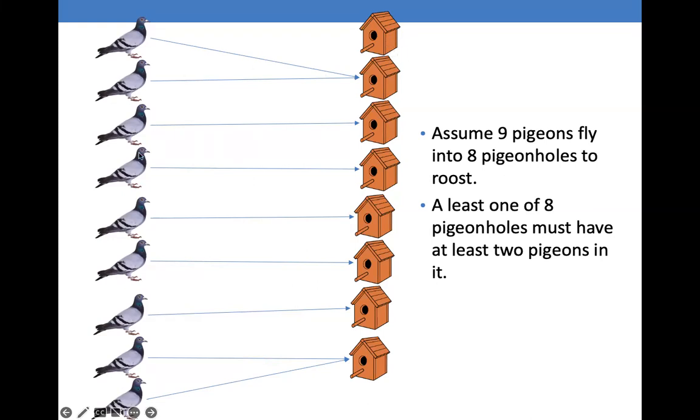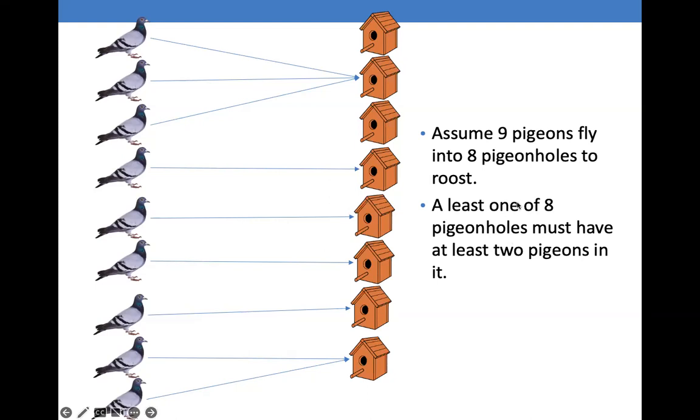Still, with this new placement, we still comply with the principle that at least one of these must have at least 2 pigeons. So we have this pigeonhole with at least 2, then this other pigeonhole with at least 2. This kind of placement also complies with the principle.